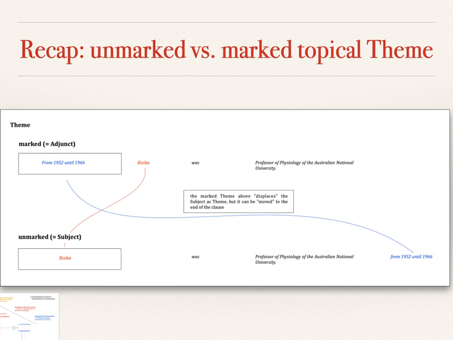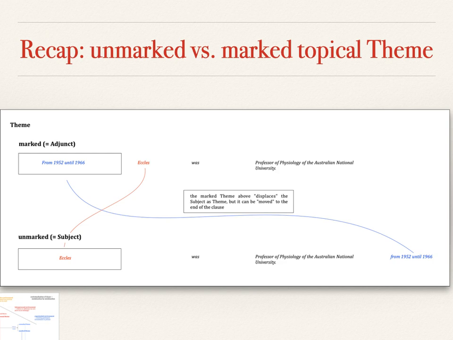But let's say this is part of a biographical text about Eccles, then you would have good reason to give thematic status to the time, from 1952 until 1966. So in other words, good reason to choose this as a marked theme, in which case you'd have the version on the top: "From 1952 until 1966, Eccles was Professor of Physiology at the Australian National University."